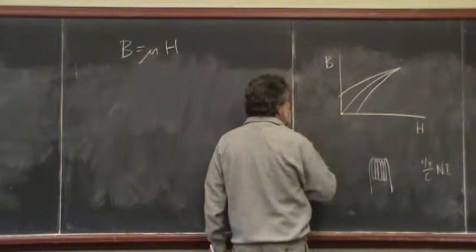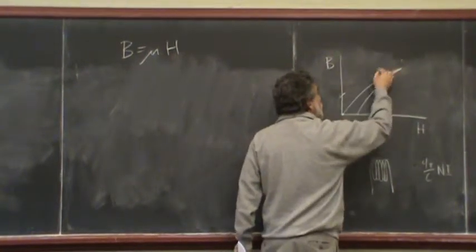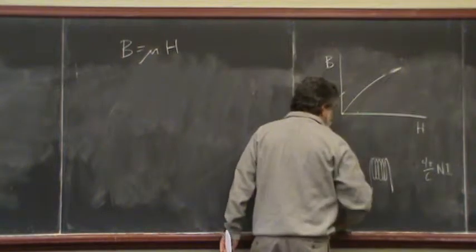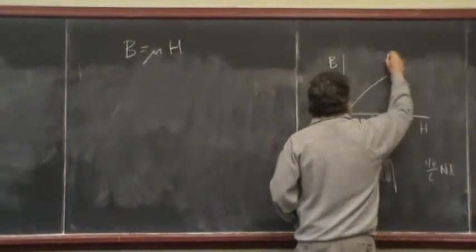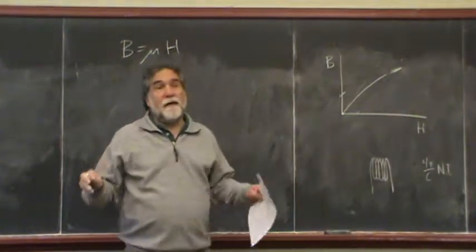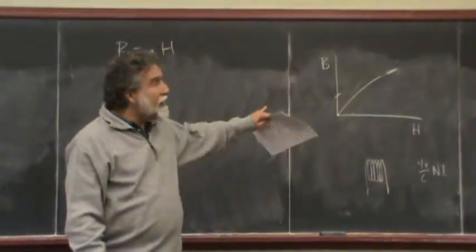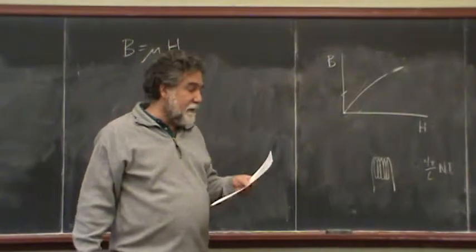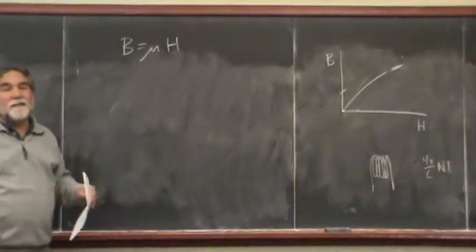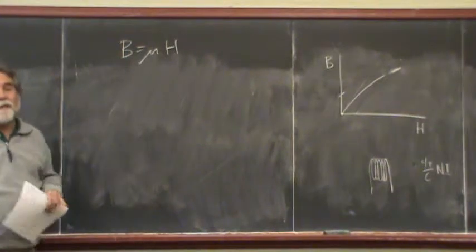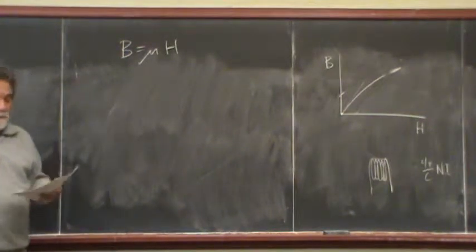What we're going to do is limit ourselves to a material that responds to the magnetic field. In the simplest case, it would just be a linear response, and that would be great. But it doesn't have to be linear, it can be a little bit nonlinear. But I need to be able to write that, and if I have hysteresis, I can't write that as a simple function.